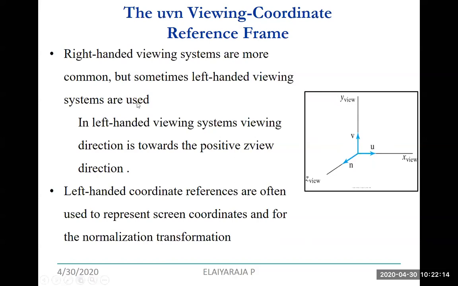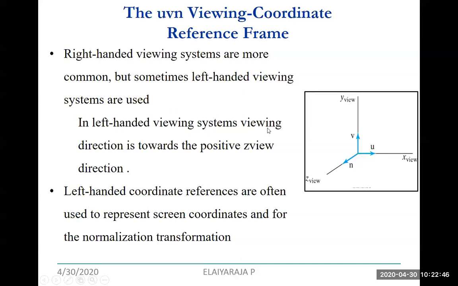The difference, as I told you: if you consider x comma y comma z and the z value is closer to the viewer point, it is a right-handed system. Away from the viewer, it is a left-handed system.